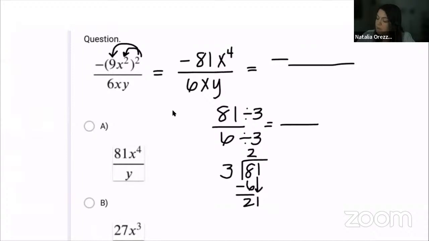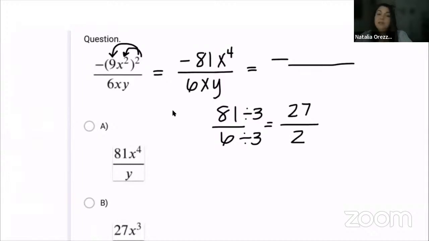Bring down my 1. 3 goes into 21 7 times. So 81 divided by 3 is 27. And 6 divided by 3 is 2. So these are my simplified numbers in my fraction. I can bring them back up here: 27 on the top, 2 on the bottom.